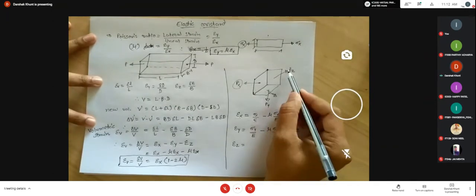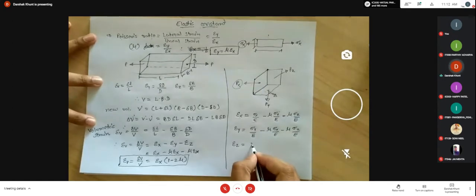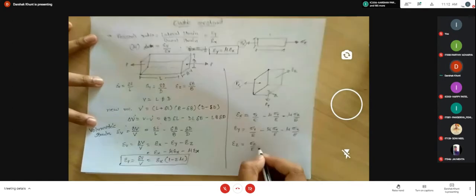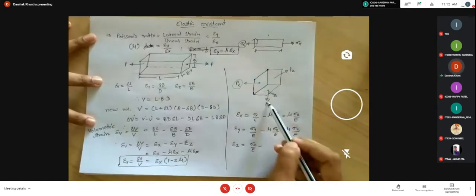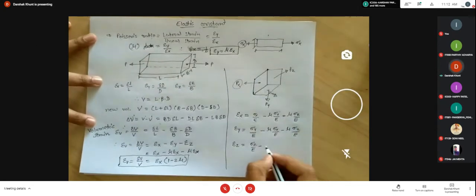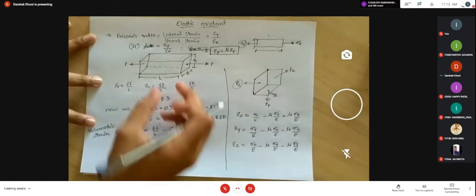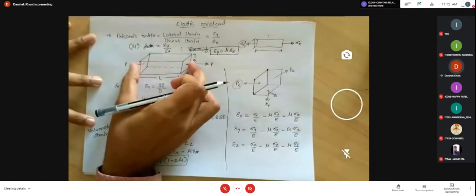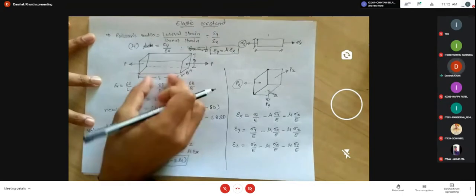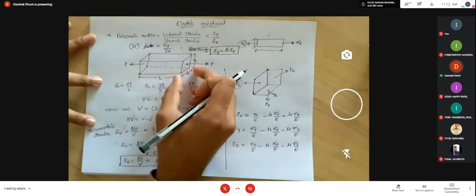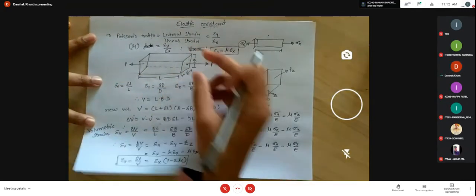So due to the stress in the z direction, the length is increased in the z direction, but due to the other two directions, the effect is opposite. So mu times strain in x, minus mu times strain in y. Okay. In the same way here, if you apply the force in the longitudinal direction, the longitudinal length is increased, but the other lengths are decreased.